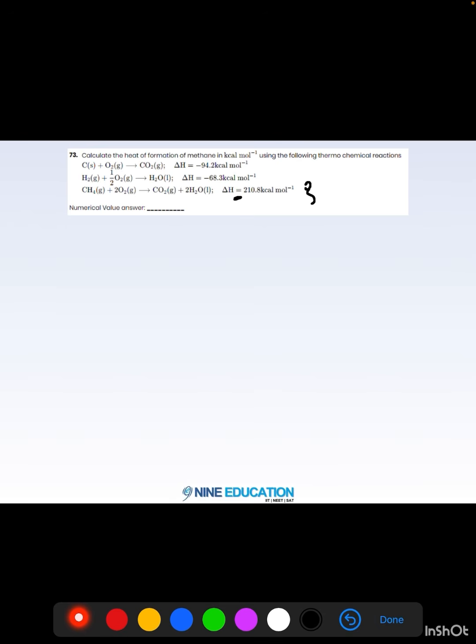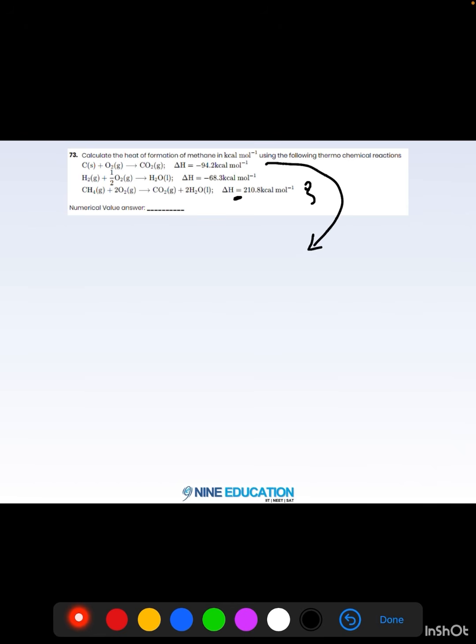Now, although we have seen such kinds of questions in the starting of this paper also, here I'll be telling you another approach. If you simply look at the very first reaction, you are preparing CO2 from carbon and oxygen, and these elements are present in their standard state.